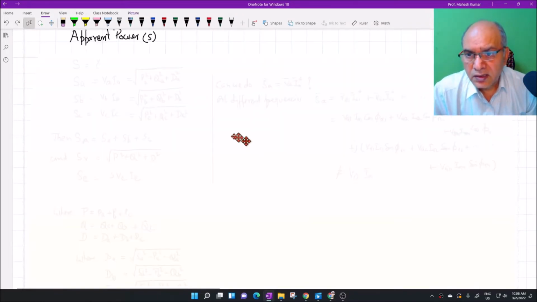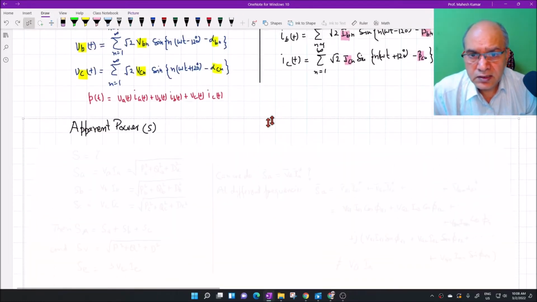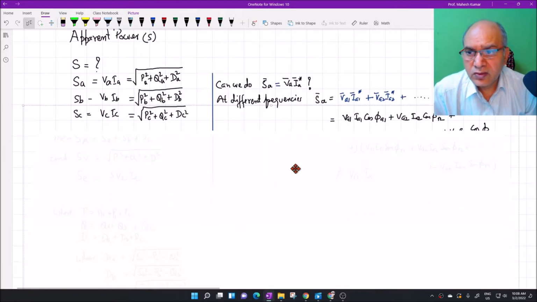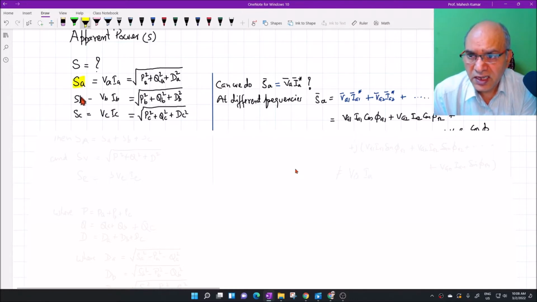That actually means that we have to find out SA, SB and SC. So this is SA, this is SB, this is SC. How do we find out these values? By multiplying RMS value of A phase voltage and current. So VA into IA.